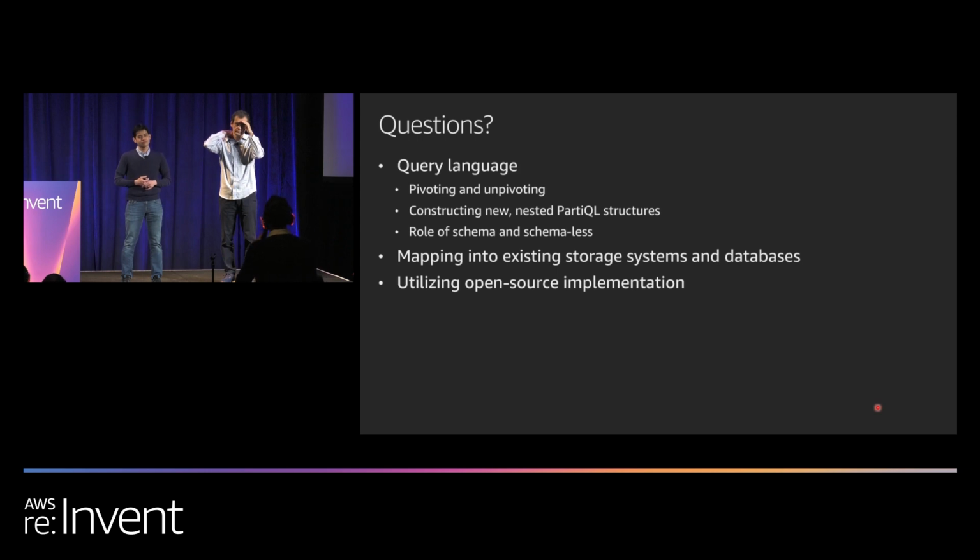You said this is not a serialization stuff. So how is PartiQL behaving when you're running on a huge data lake? What's underneath PartiQL, and how is the architecture working to get the best performance?